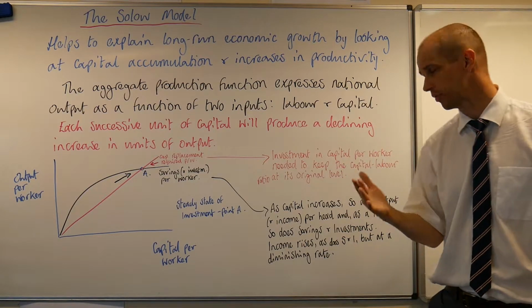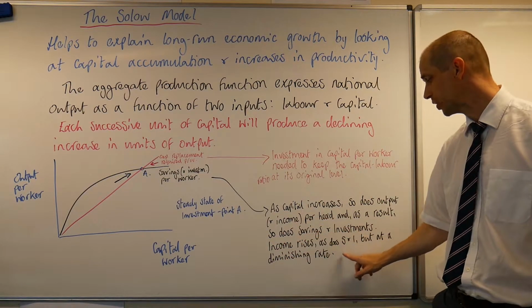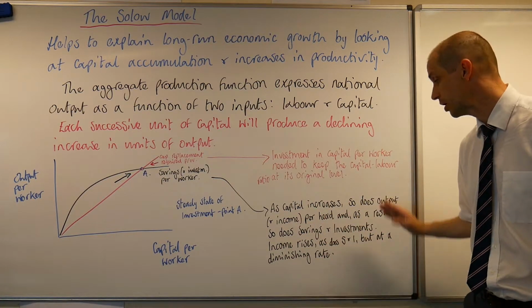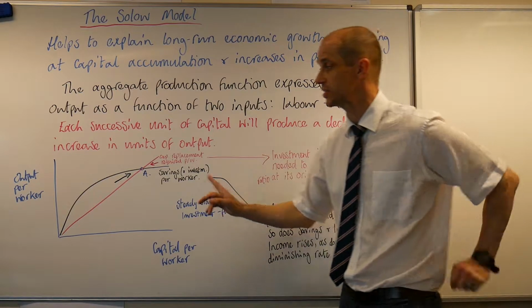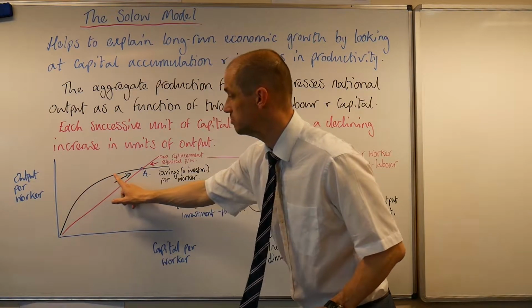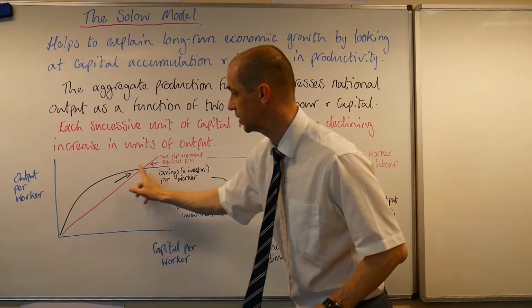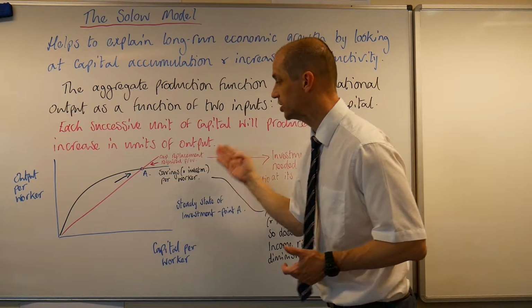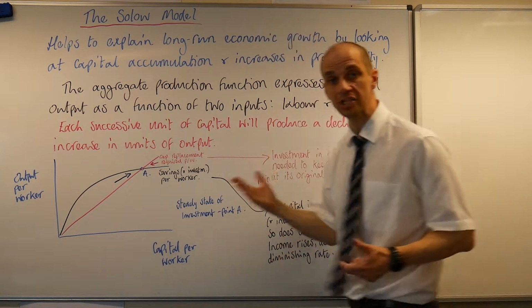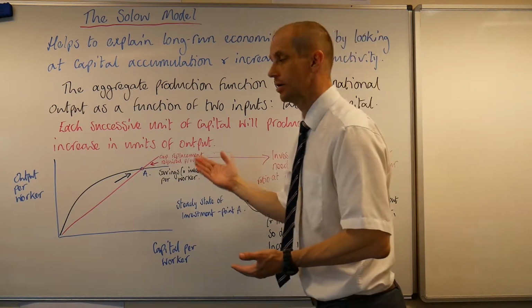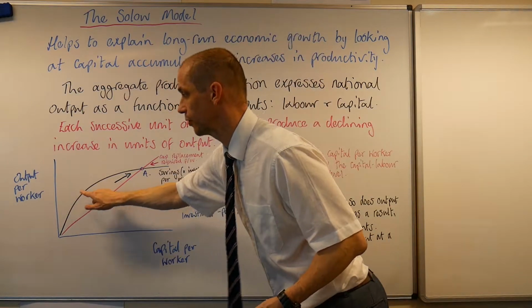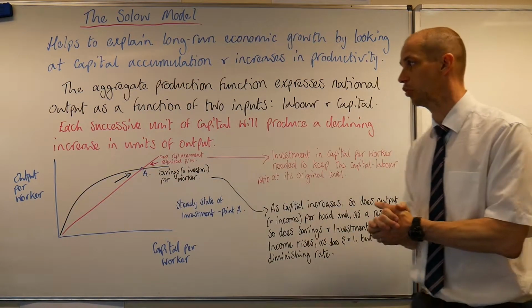That's a really important factor here, though. Income rises, so does savings and investment, but at a diminishing rate. So we can see there is this diminishing marginal rate of return from increases in capital goods, and that additional saving and investment in capital goods doesn't generate those same returns that we saw initially down here. Okay, so that's a really important point.